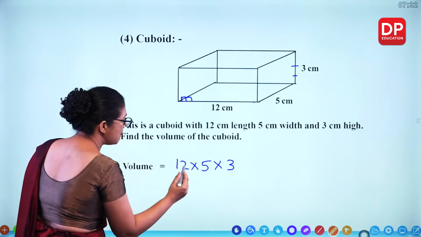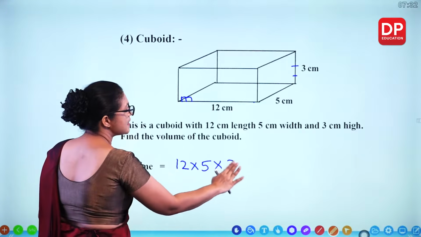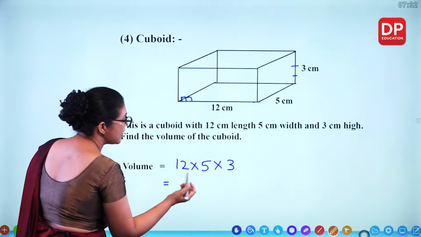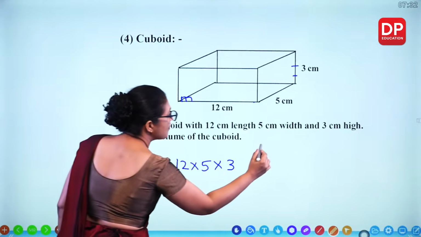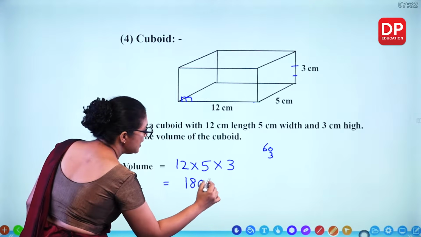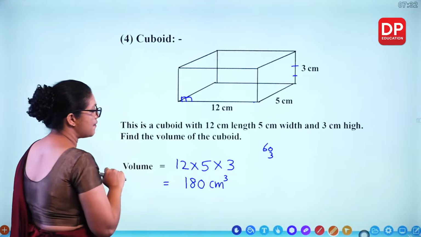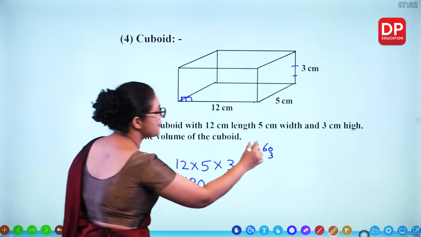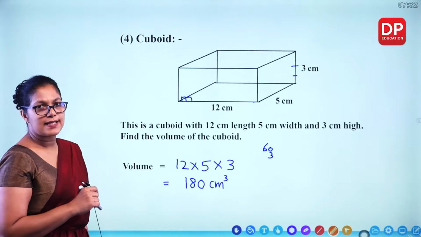All these are in centimeters, so the unit is centimeter, centimeter, centimeter. So the volume of this cuboid is 180 cubic centimeters. 12 times 5 is 60, 60 times 3 is 180 cubic centimeters.